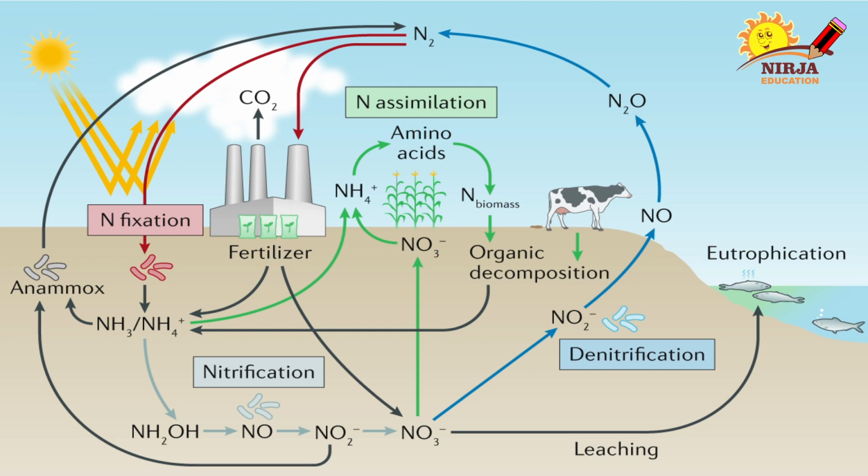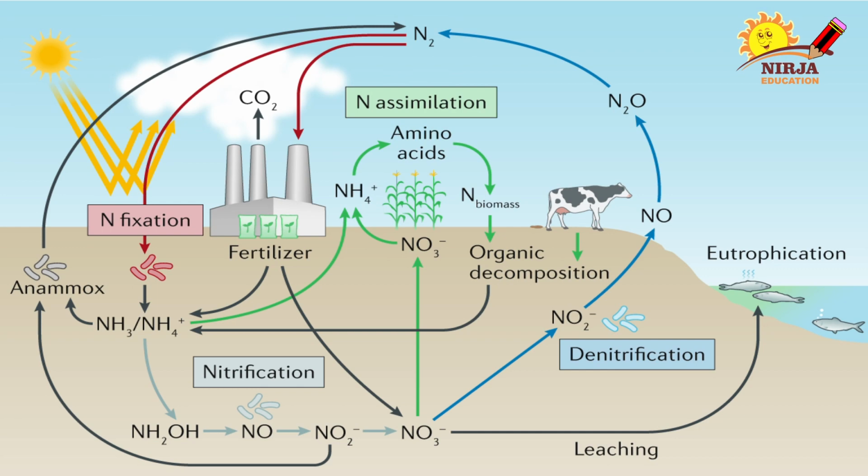Nitrates and ammonia are converted into protein, amino acid, nucleic acid, etc. Third one is ammonification. Protein and nitrogenous substances are converted into ammonia or ammonium salt. This process can be done with the help of certain bacteria and fungi in the soil.